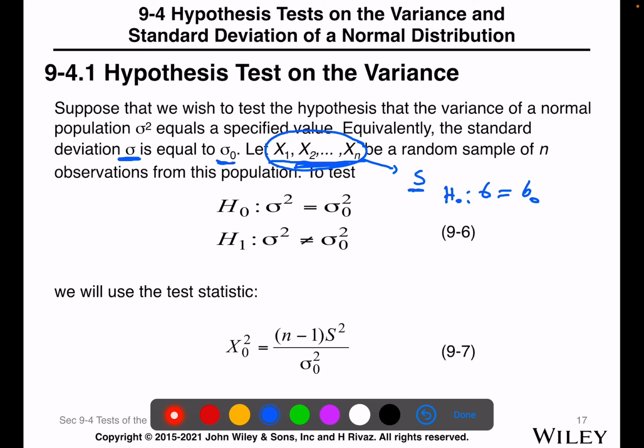And from this, we want to conclude whether the null hypothesis that sigma of the population is sigma 0 is correct or not. And as you have probably guessed, we have to use the chi-squared distribution. So this variable follows the chi-squared distribution. Okay.